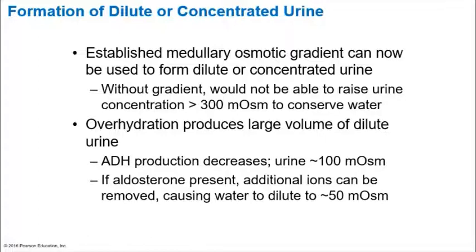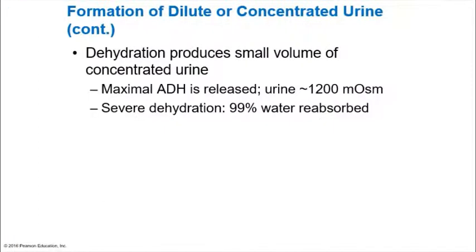It's really thanks to your production of antidiuretic hormone, but you're only going to produce this antidiuretic hormone if the interstitial fluid in the medulla becomes too dilute. Why? Because you drank too much water. You are overhydrated. And the opposite will happen if you're dehydrated. If you're dehydrated, well, then you're not going to pull out that much water in the nephron loop. You're not going to dilute the medulla.